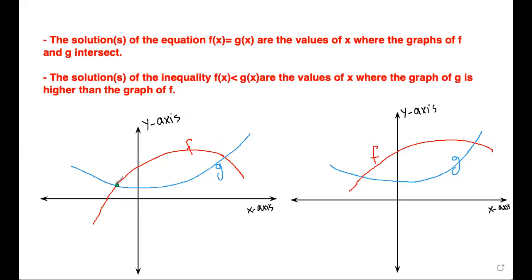This is x1, and this is my x2. Make sense? So here, the solutions of f of x equal g of x are x1 and x2.